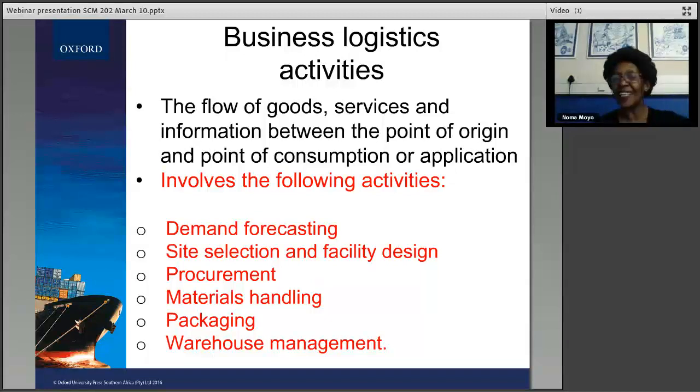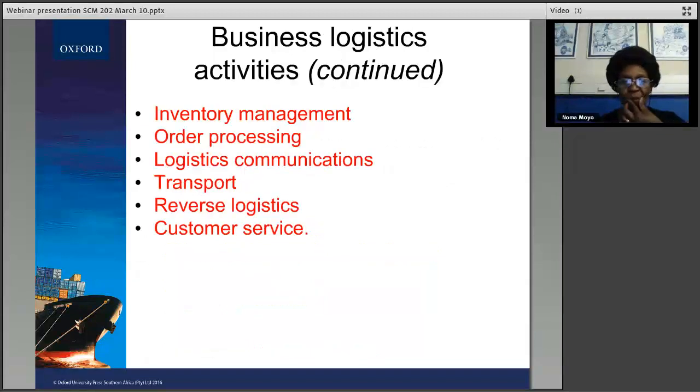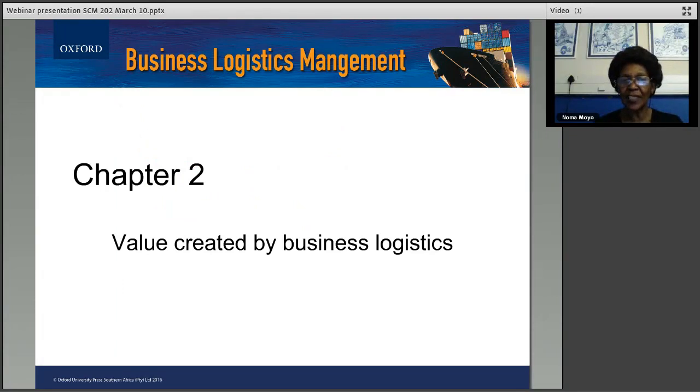It involves the following activities: demand forecasting, supply selection and facility design, procurement, materials handling, packaging, warehouse management, inventory management, order processing, logistics communications, transport, reverse logistics, customer service.